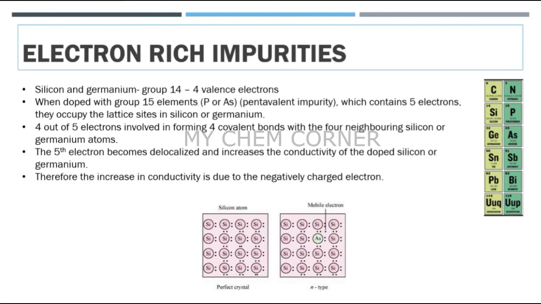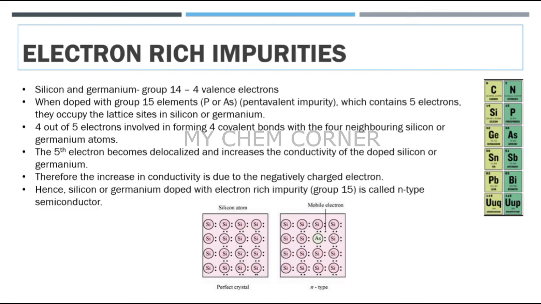So here, therefore, you're going to increase conductivity, and this increase in conductivity is only due to that negatively charged electron, or that 5th electron that is present in this. So here, because you have that extra electron, this type of semiconductor, where silicon or germanium is doped with a group 15 element, is called an N-type semiconductor.